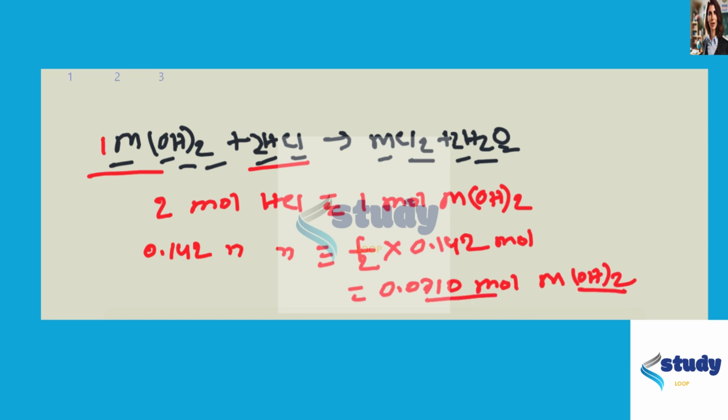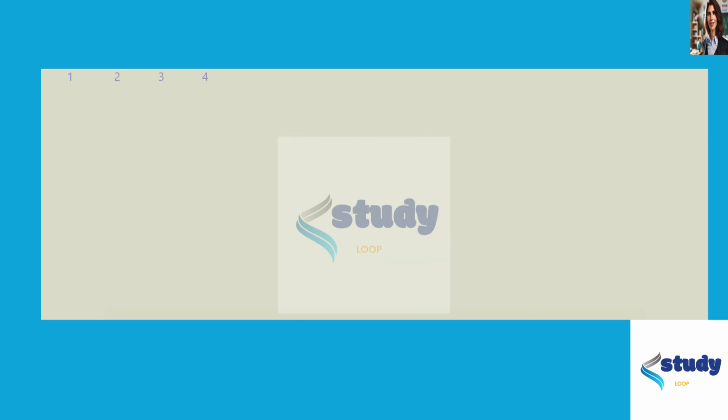Now from this number of moles we will find the molar mass of the metal hydroxide. We know that the number of moles is equal to mass over molar mass.